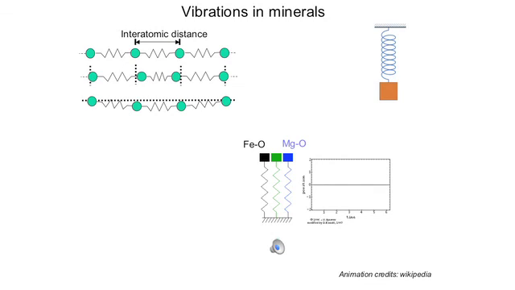So let's take a step back. This is a linear chain of atoms that I'm going to use to describe the vibrational properties in a three-dimensional lattice. Every atom in a material is connected via a bond, and that bond can be described by a spring constant.